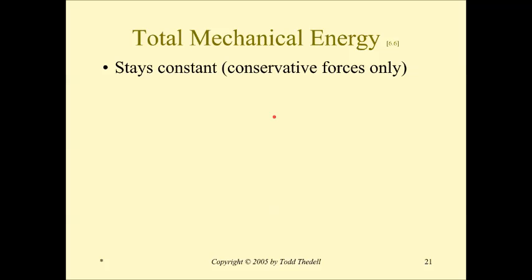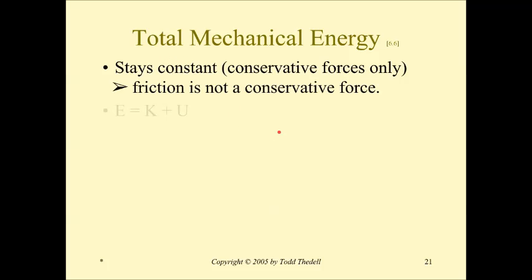So potential energy is conserved, kinetic energy is conserved, but friction, or the work done by friction, is not a conservative force, so it doesn't stay constant. So if there is friction, then the conservation of mechanical energy is not valid.